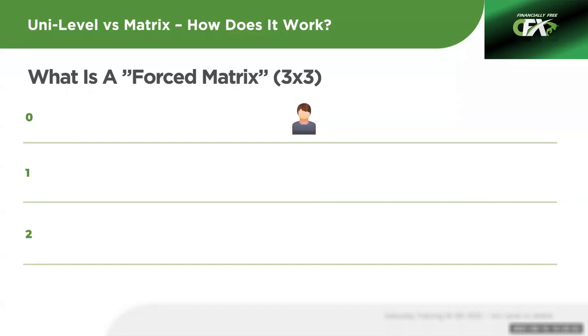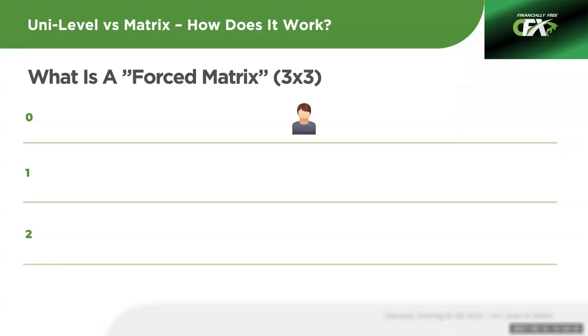Now, what I need to say at this point is this: the uni level in Cash FX and the matrix are, to some degree, completely and utterly separate from each other. What you need to do in your mind is put a big valley between these two things, because the uni level is something that you have control over by the amount of people that you bring in front line to you and the amount of people they bring in front line to you.